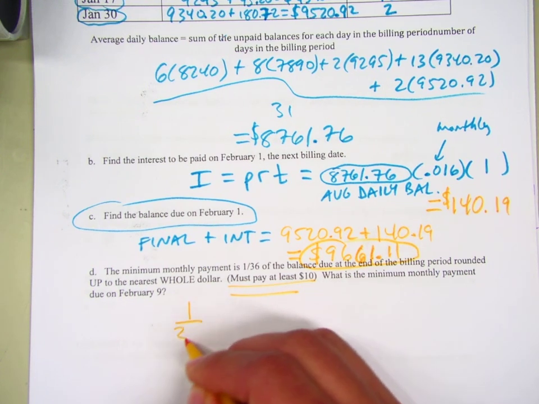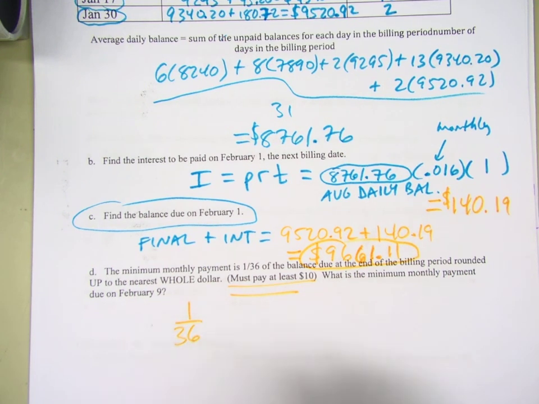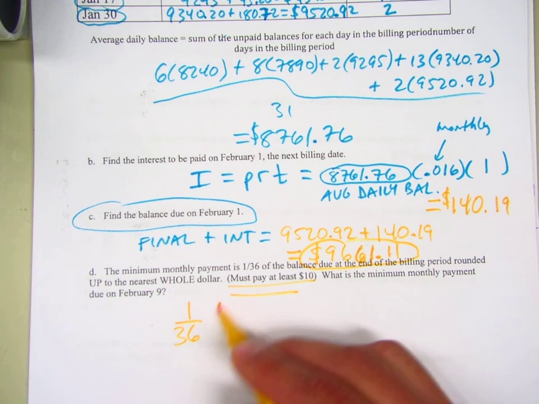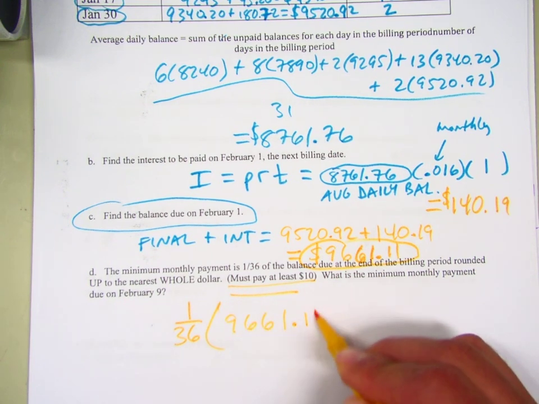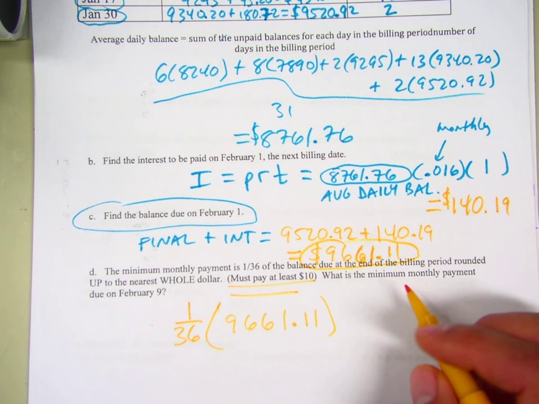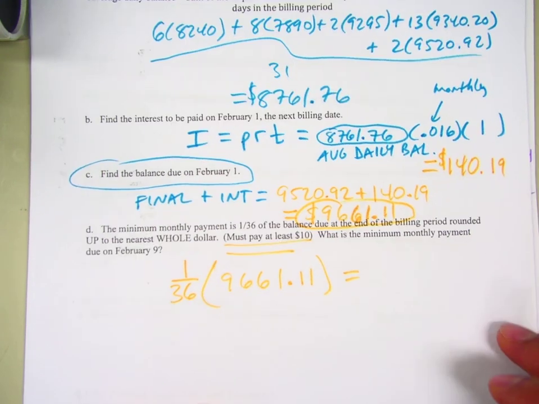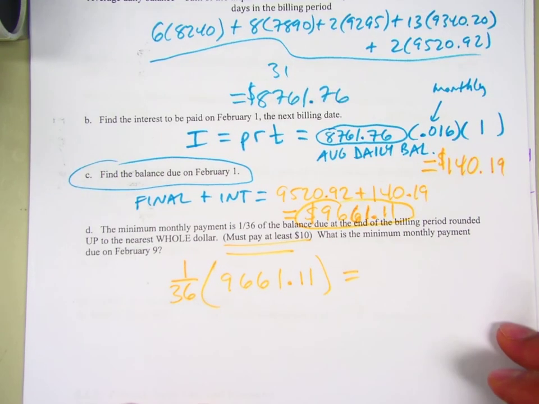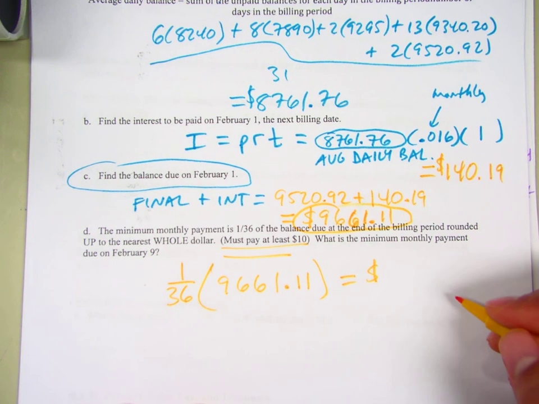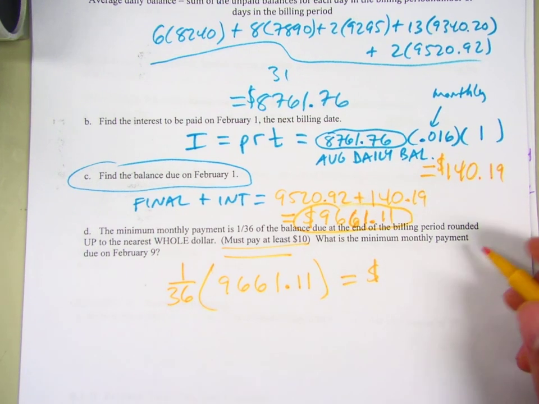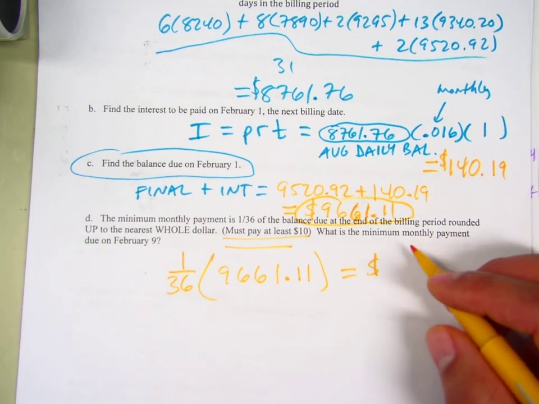So we have 1/36 times the balance due, which is 9661.11. And so what is that? $268.36, but we're always going to round up.